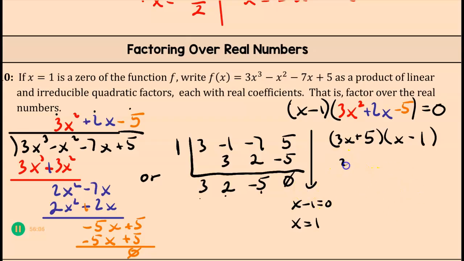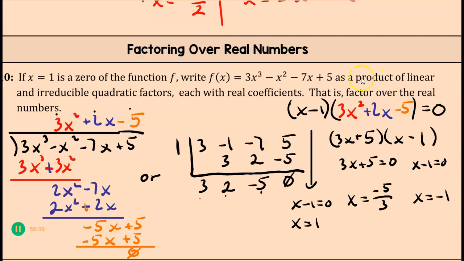Then 3x plus 5 equals 0, so from here I get x equals negative 5/3. And from the other factor, x plus 1, x minus 1 equals 0, so we get there.